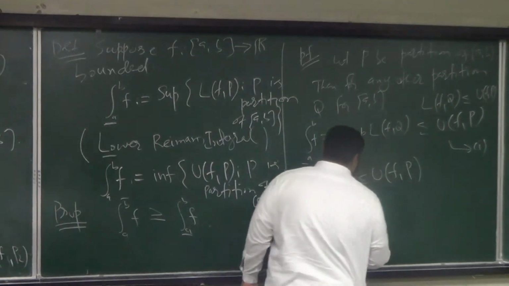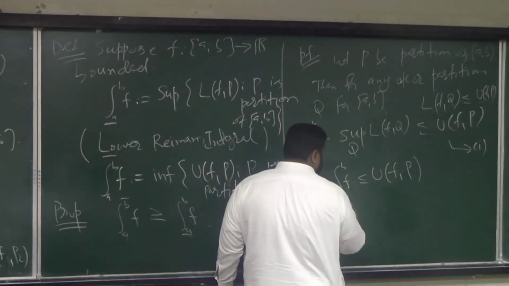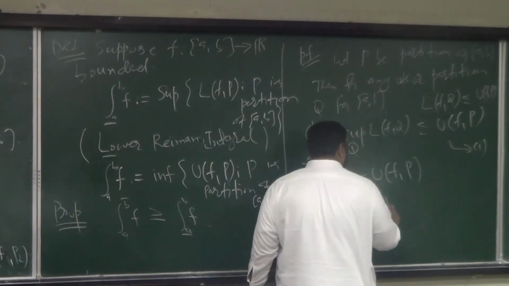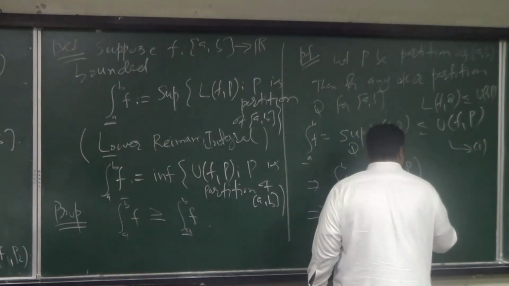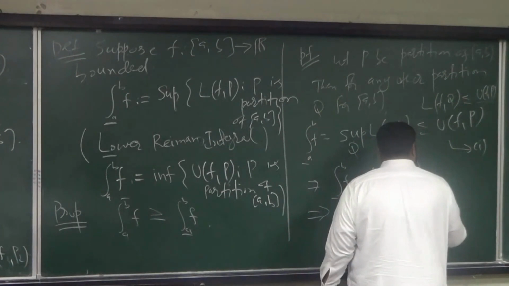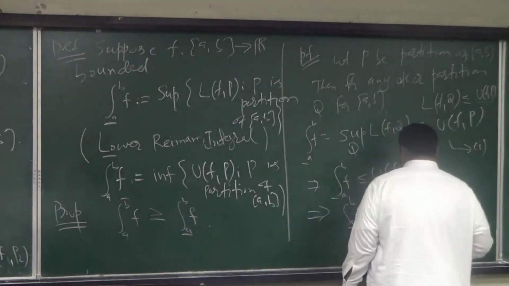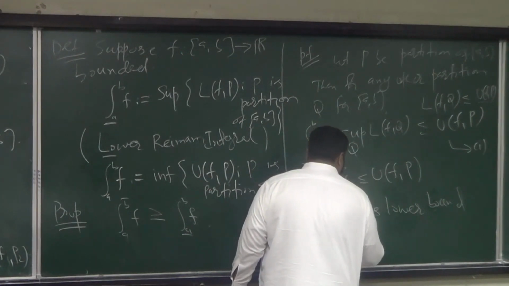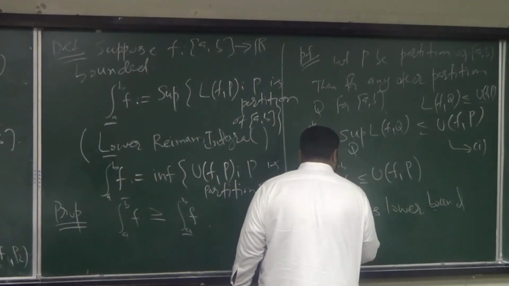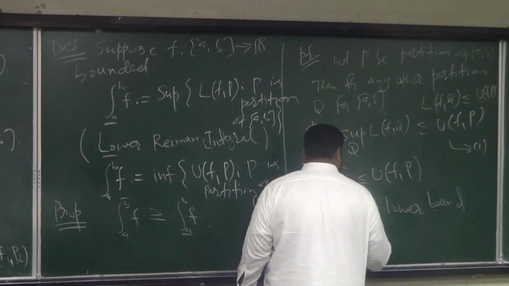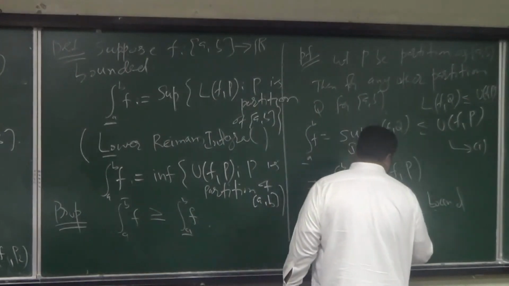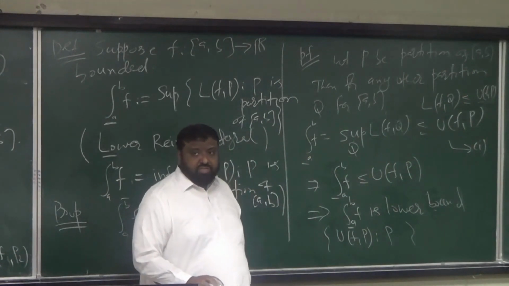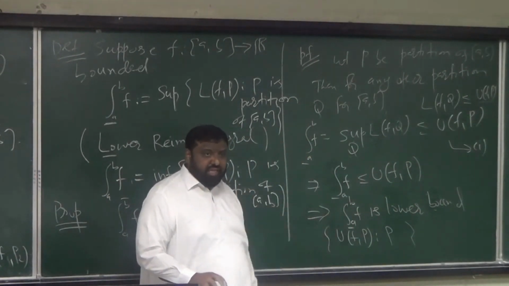So this implies that this lower Riemann integral is a lower bound for this set, where P is a partition of [a, b].